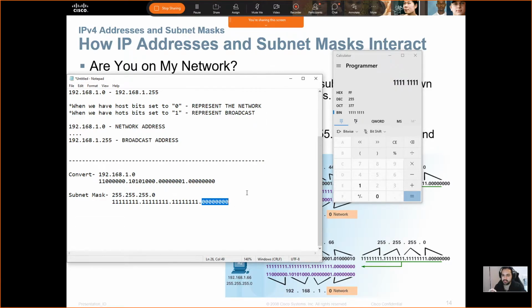And I hope this is clear to you guys, because everything that you do in networking will involve IP addresses, and determining what's the network address, what's the host address, and where they fit into your design, into your network. All good? Perfect.